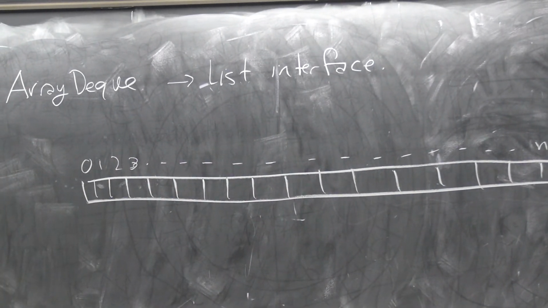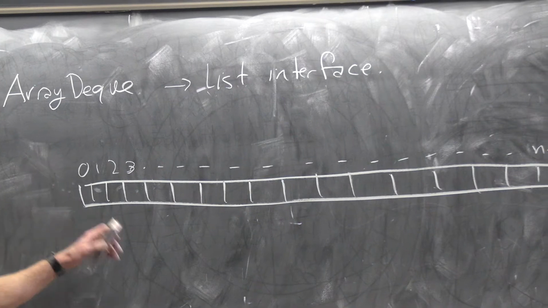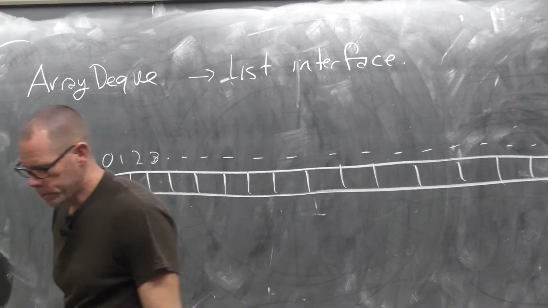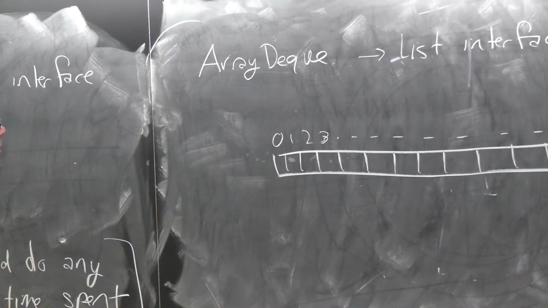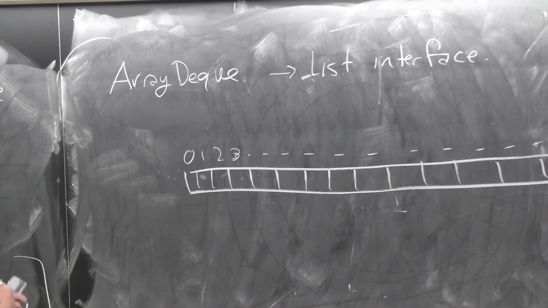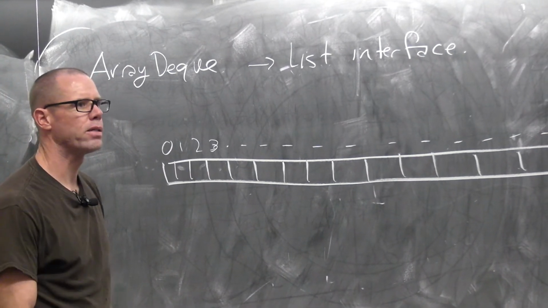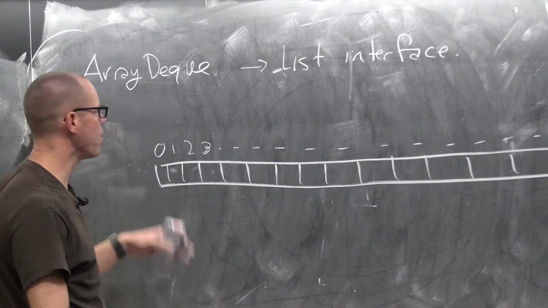But if you add or remove near this end, it should be fast, and if you add or remove near this end, it should be fast. So like array stack, doesn't really just implement the stack interface, it implements the whole list interface, but if you use it like a stack, it'll be fast. Array deck will have the same thing.